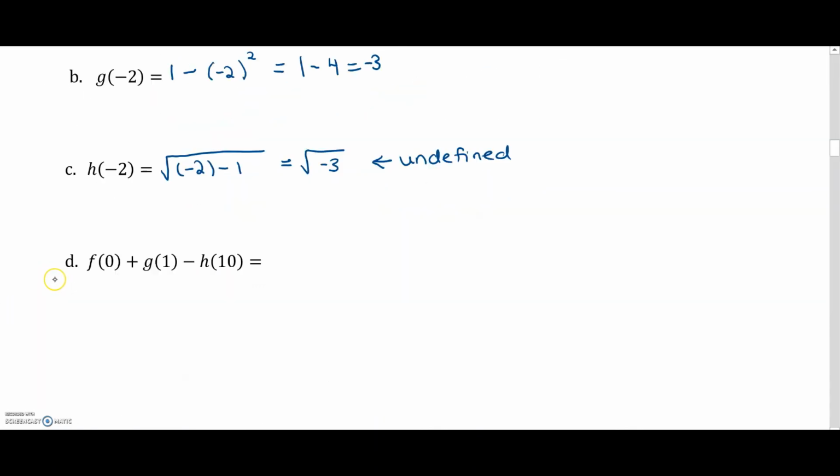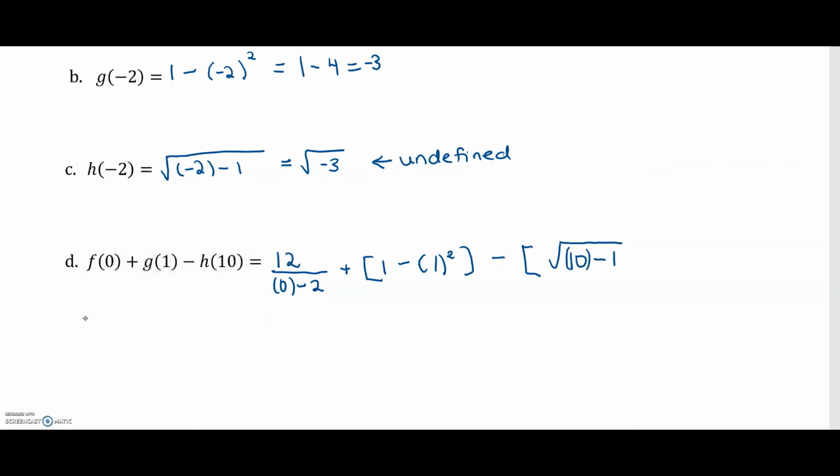In part D, we're looking at f at 0 plus g at 1, and we're subtracting h at 10. What we need to do is plug in the individual values of x into their respective functions. So when we plug in 0 into f, we get 12 divided by 0 minus 2, and then g of x, we get 1 minus 1 squared, and lastly h at 10, we have the square root of 10 minus 1.